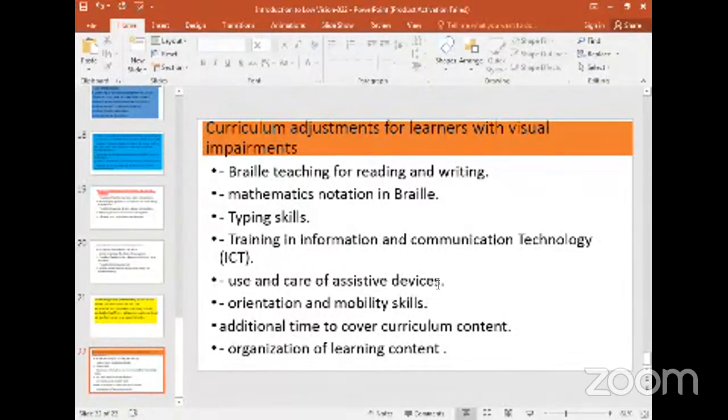All these are determining factors. Then we talk about orientation and mobility skills, skills that make someone know very well and comprehend their environment.